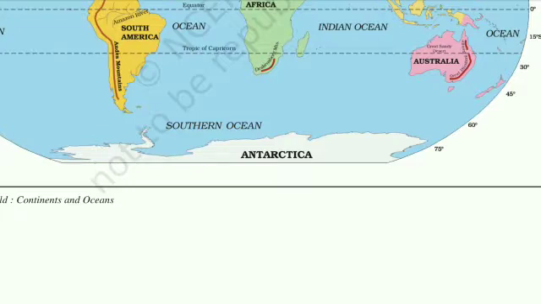However, many countries have made research centers here. Maitri and Dakshin Gangotri are the research centers set up by India in this continent.